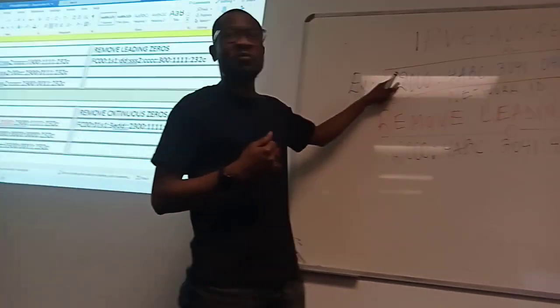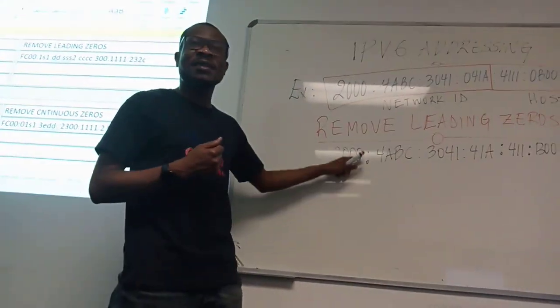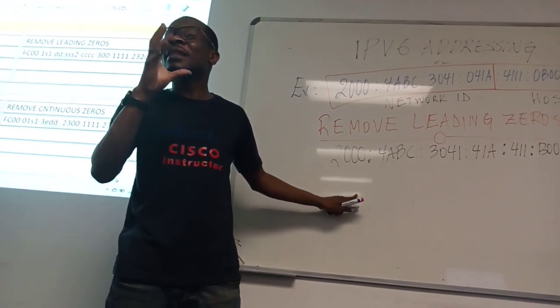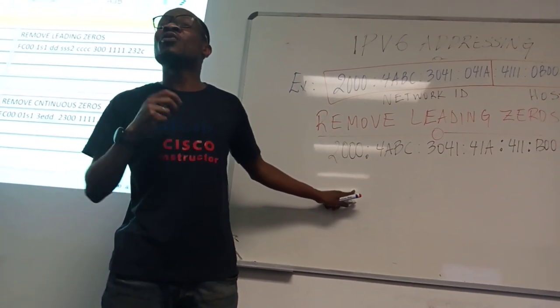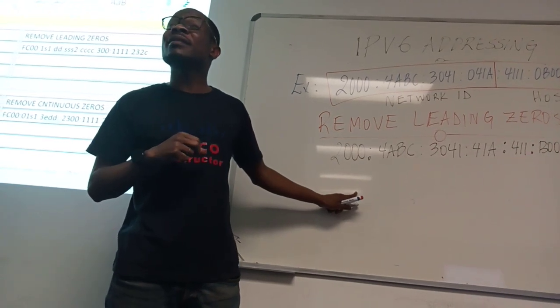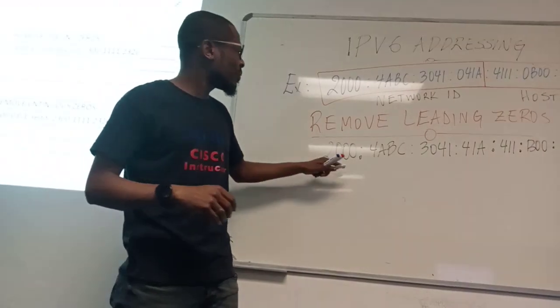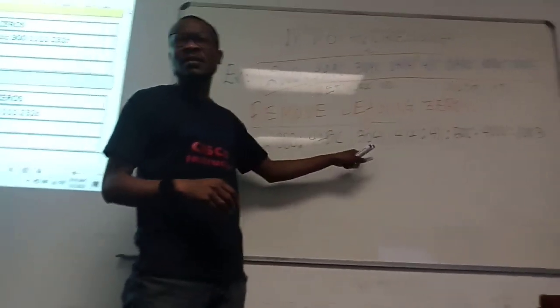They're going to remove the leading zeros and make it a bit tricky. They're going to ask you which one is the correct IPv6. You must just follow the rules. You say, when I remove the 0, I'm going to get this, and you're done.